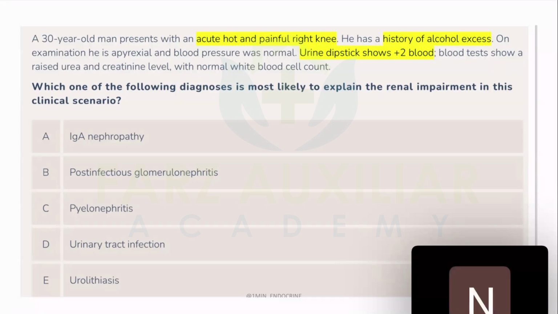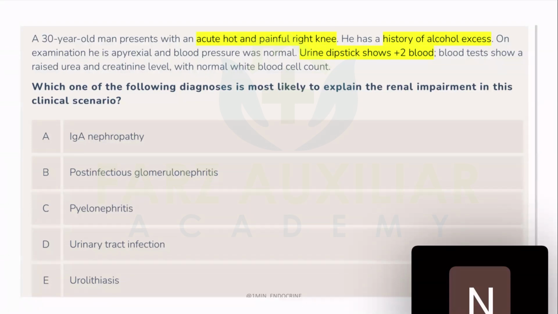It is monoarticular involvement of the right knee. Right. And then alcohol excess. Okay. And urine dipstick is 2+. Is it a stem about pseudogout or gout? Why do you think it is pseudogout and not gout? Have they mentioned it?